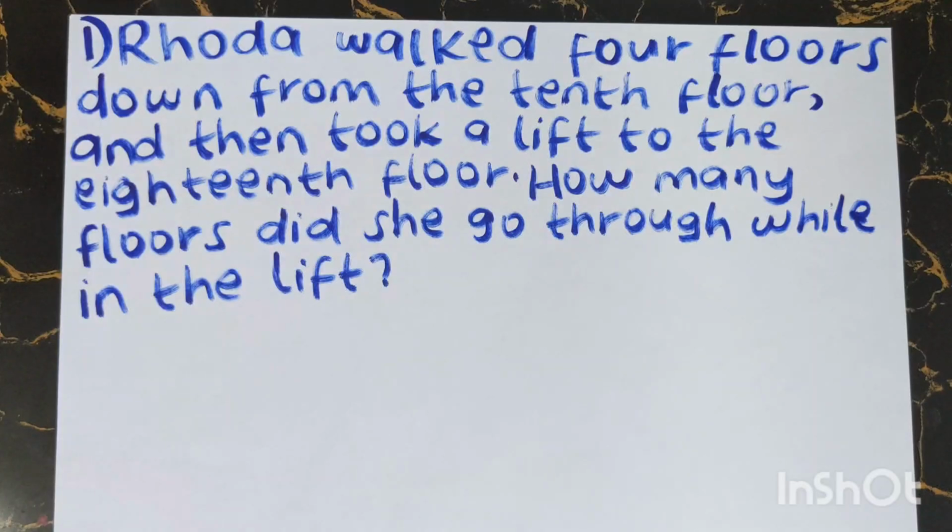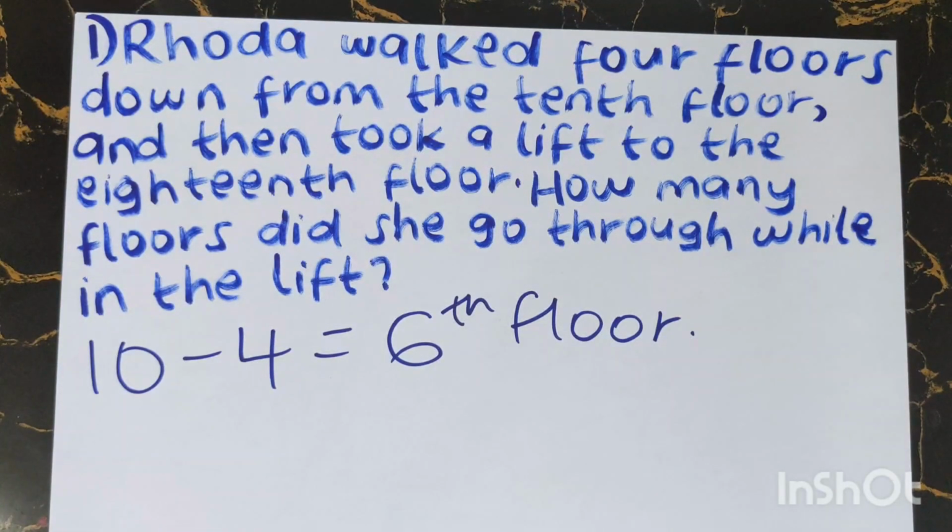So in order for us to know where she stopped, we'll need to subtract the number of floors she walked, which we've been told is 4, from the floor she previously was before she started walking, okay? Which we've been told is the 10th floor, okay? So 10 minus 4 is 6. So that means that she got to the 6th floor of that building by foot, okay?